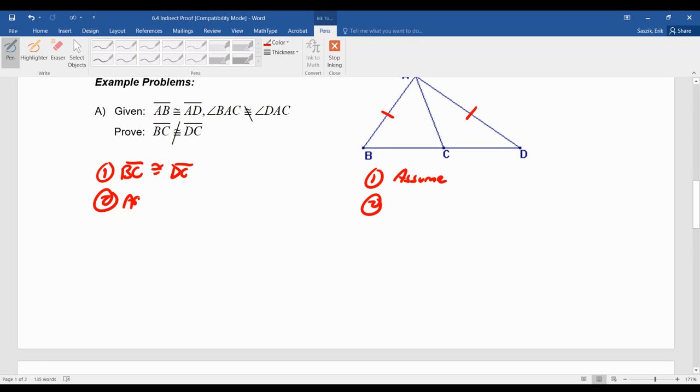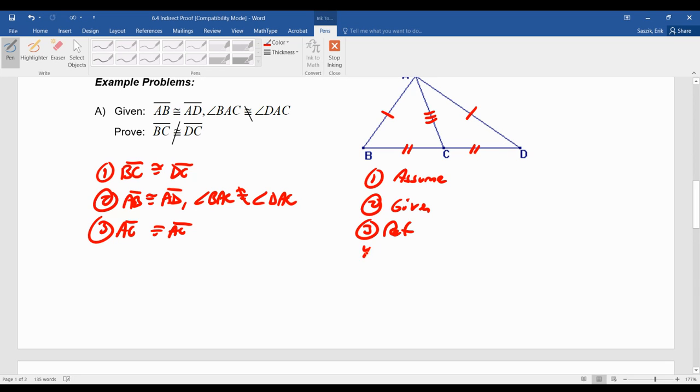Now, let me get down my given. I do need that. And then angle BAC is not congruent to angle DAC. That's, of course, given. Now, remember, I have to mark this assumption, too. BC is congruent to DC. Of course, I have this reflexive piece in between.